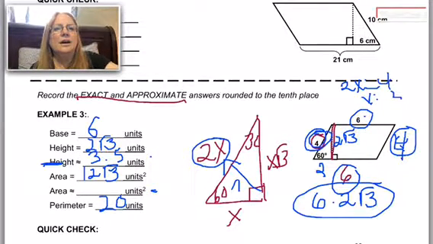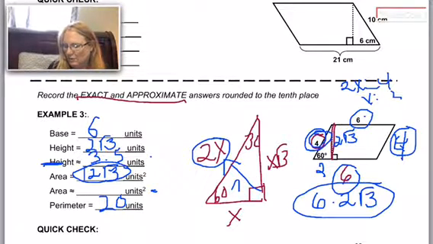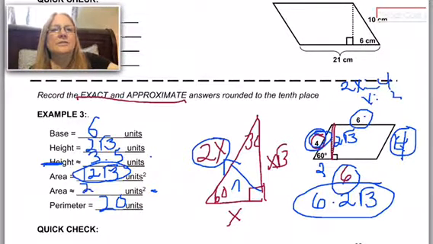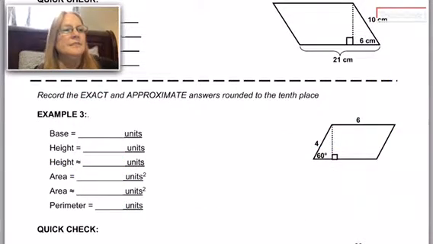And the area, I'm going to put 12 times the square root of 3, and that is 20.8. Okay, so when it says exact and approximate, be ready to find those radical answers that we've been working on. Okay, so let's go to the quick check.